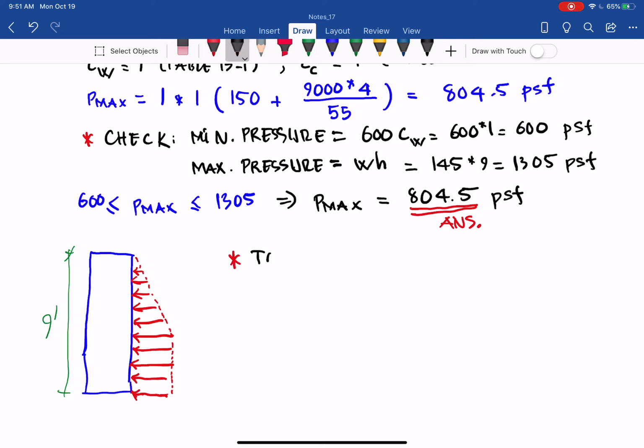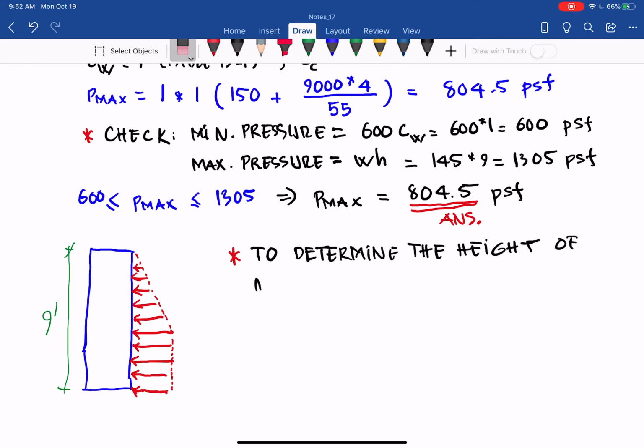To determine the height of the maximum pressure. And in this case, the maximum pressure we are talking about is Pmax.